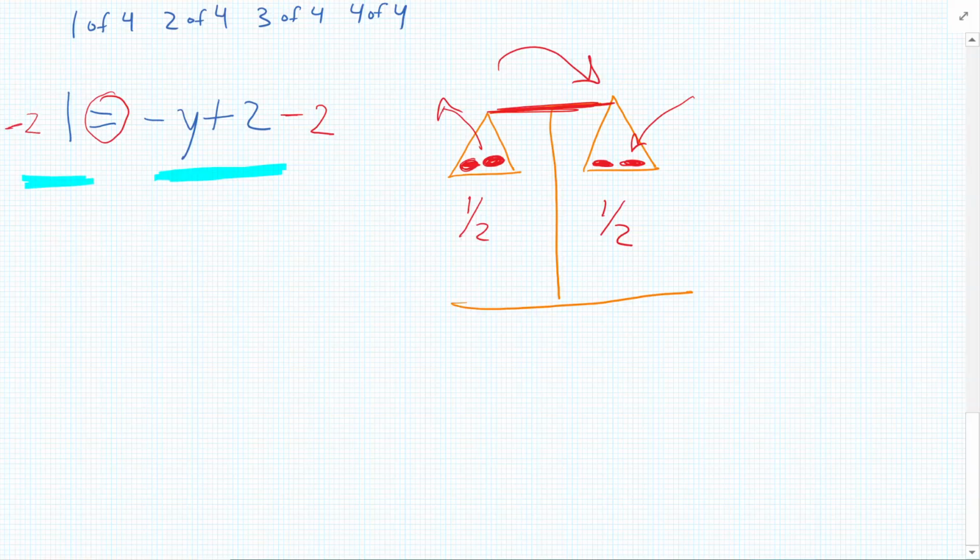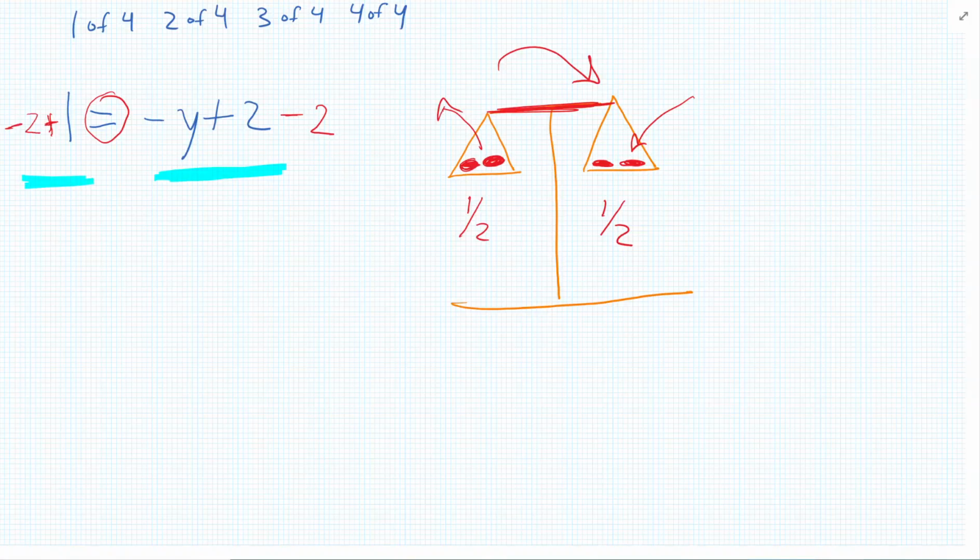Now, I just put a -2 here, but remember that I had a 1 here. I need to put the plus in front of the 1 now. Because I don't want 21. I don't want -21. I want -2 plus 1. So that's our next step.